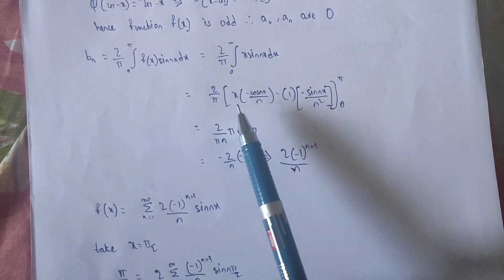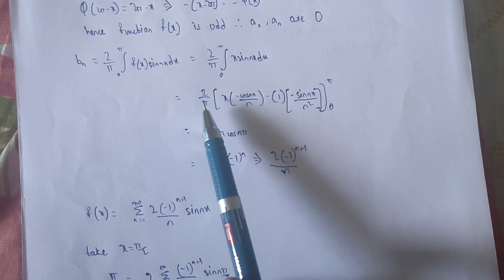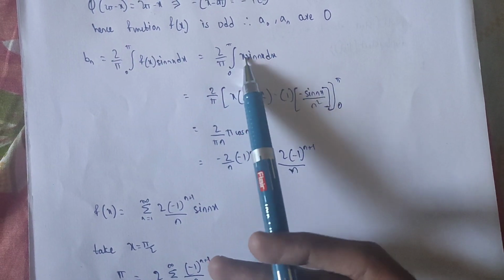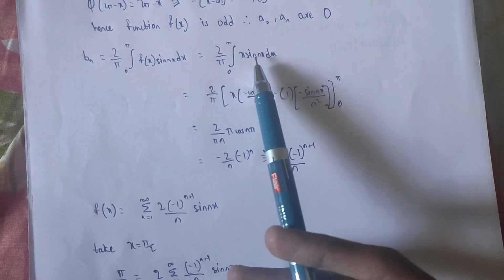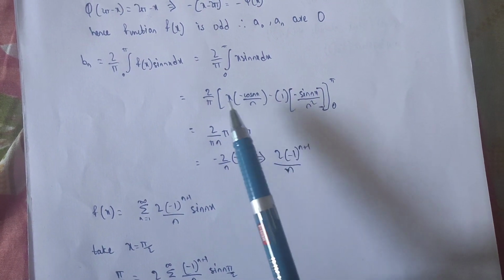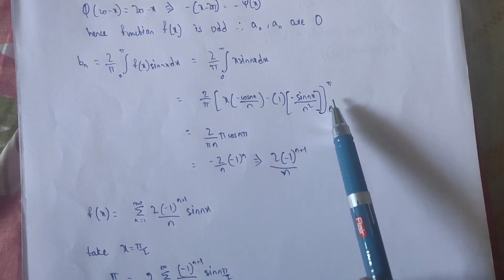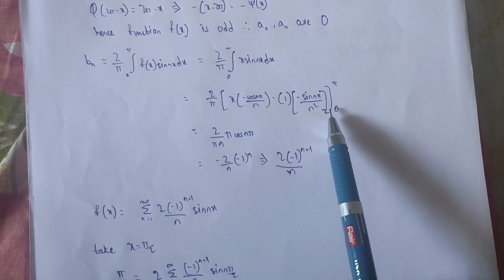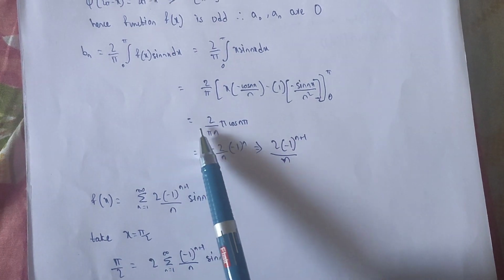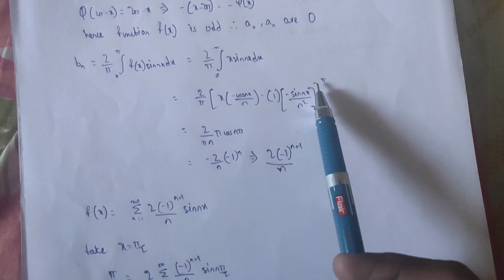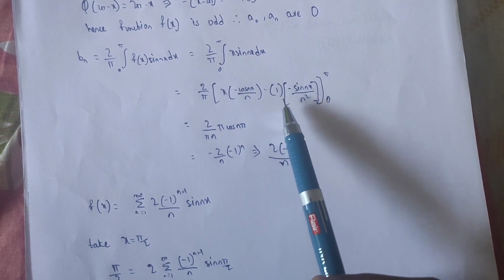So we then integrate this using the formula 2 by pi, keeping the first term as it is, integrating the second term, then differentiating x and integrating this term, all in the limit 0 to pi, and this term gets 0 as both sin n pi and sin 0 are 0.